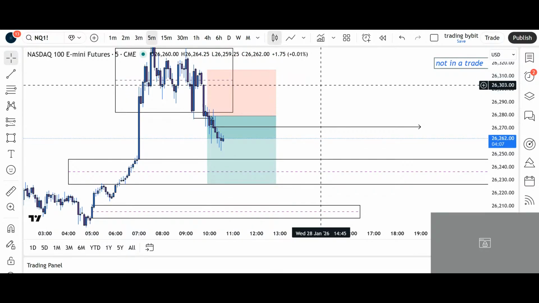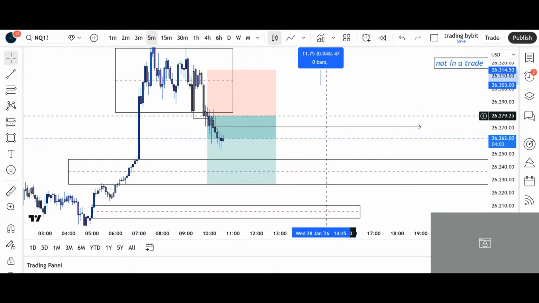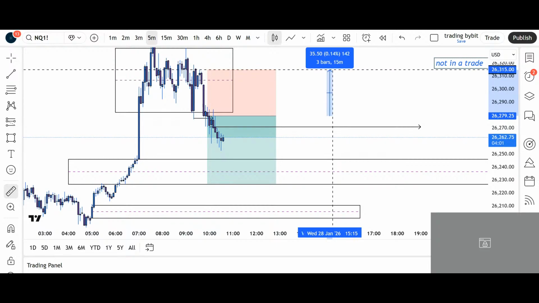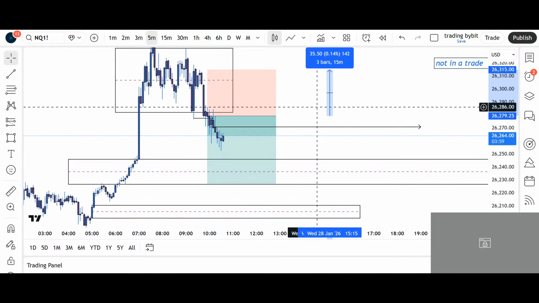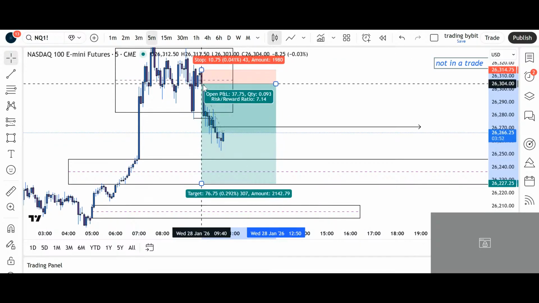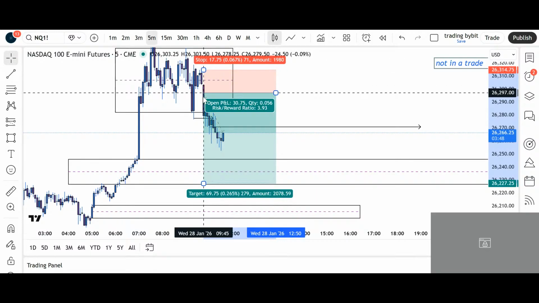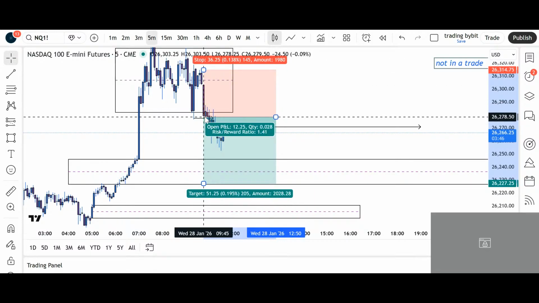You only paid like 11 points. If you have to stop, this took you for 35 points. So even if you took just one contract into it, if you can enter it from here and get to that same level, that gives you a 6 R. So that's way better than the entry that you got.